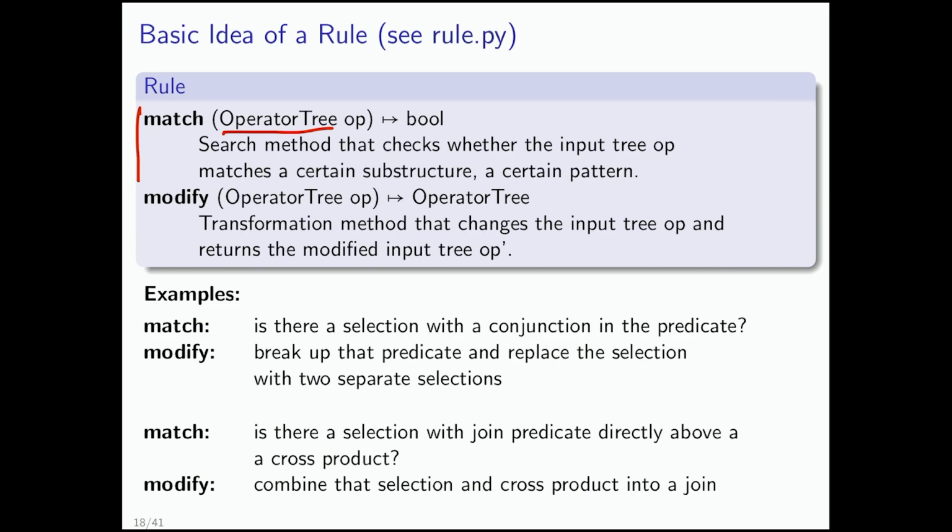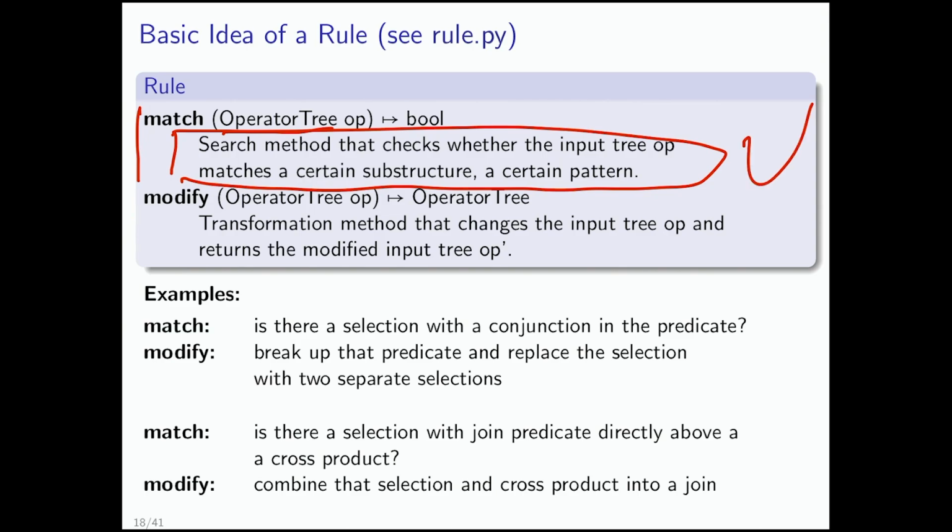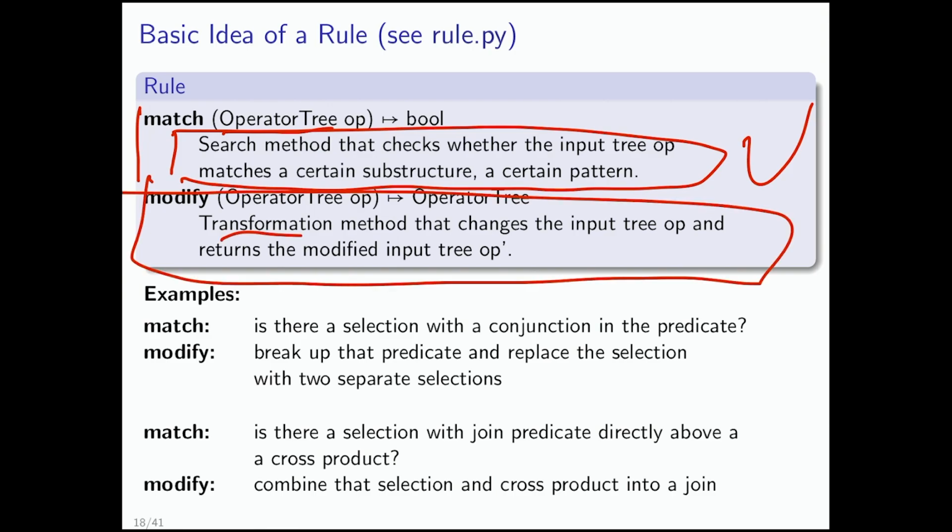If you're specialized on cross products, you're looking for cross products. So you're searching for that specific pattern and whether you find a match on that input tree. It's basically a predicate telling you, yes, I have a match on that tree, or I don't have a match. And only if this predicate returns true do you actually modify the input tree. That's the actual transformation that changes the input tree and returns the modified tree as output.